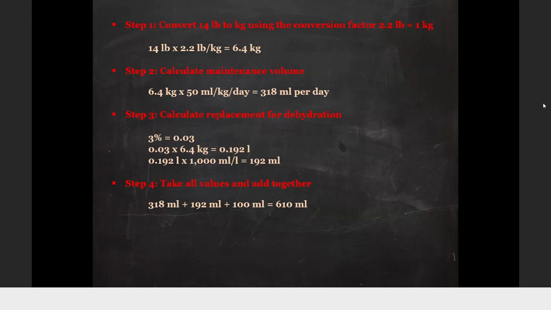So you add everything together: 318 is the maintenance volume, 192 ml is the replacement volume, and the 100 ml you get from the ongoing fluid loss. So you get around 610 mils of fluid you need to replace for the animal in 24 hours. This is all calculation based on 24 hours, 1 day.